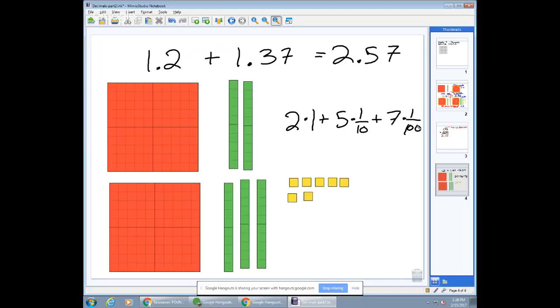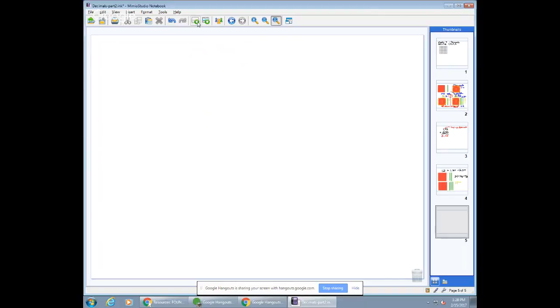Now, what kinds of errors are kids going to make here? Well, kids, based on what they did with whole numbers, might write it like this, because with whole numbers, they were just used to lining up on the right side. But before decimals, what was always on the right side? What place value? The ones.